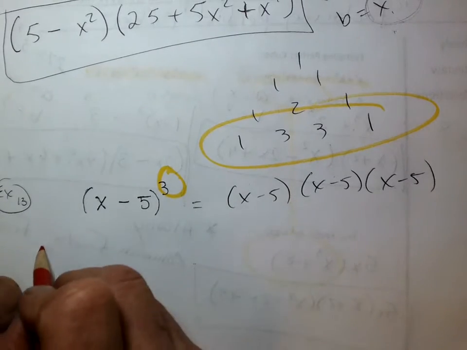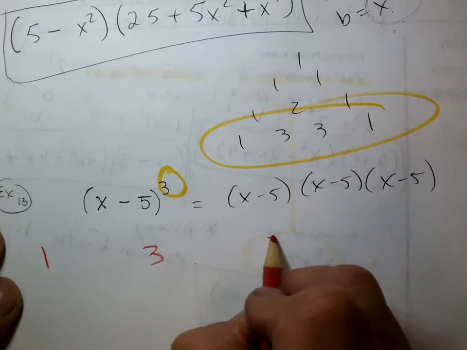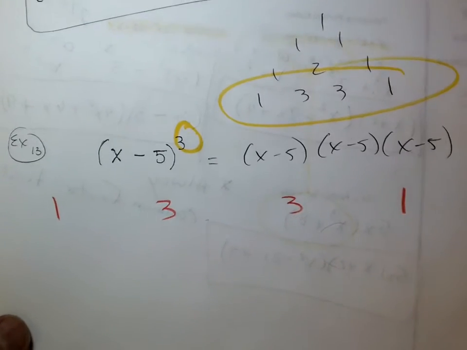So I'm going to put my 1, my 3, my 3, and my 1 down. Okay.